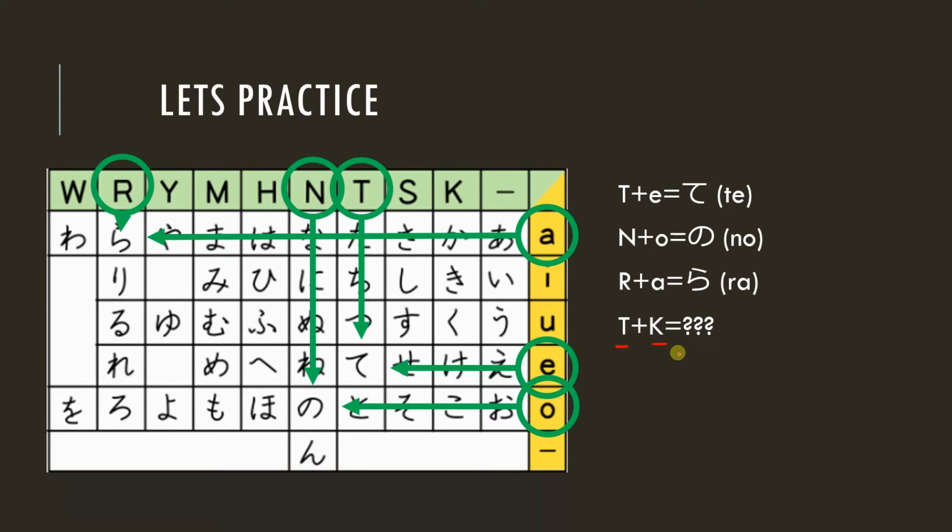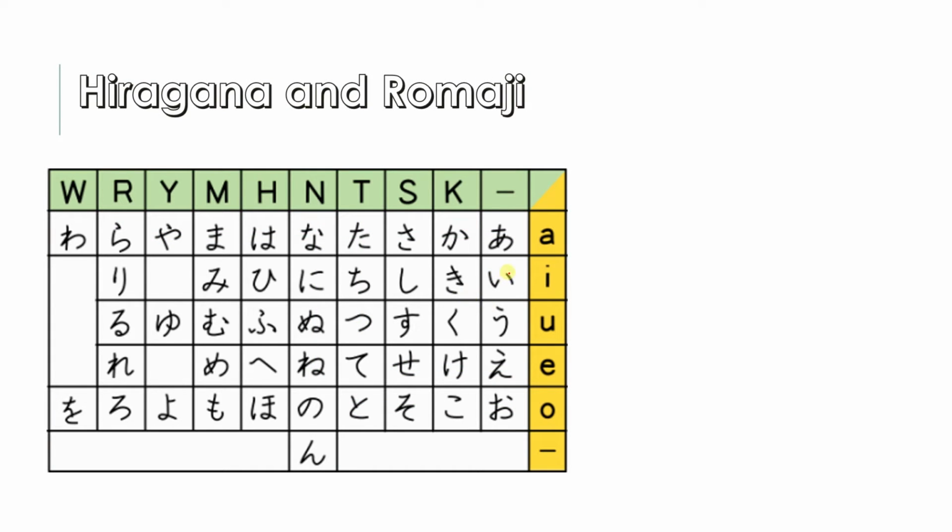Now we're going to kind of change this rule and we're going to talk about that a little bit more in the future. But for example, I can't take an S and just add it to a K and get sk in Japanese. I'm going to have to combine one of the symbols in the S column with one of the symbols in the K column.